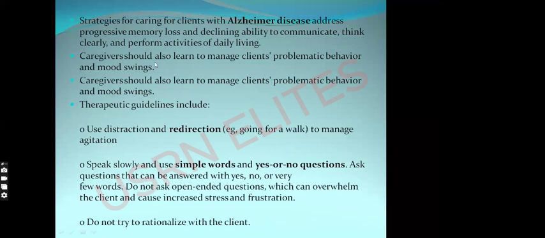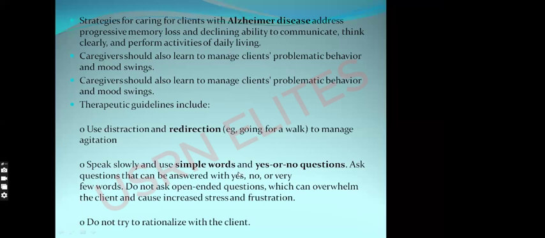So we have strategies also for caring for clients with Alzheimer's disease. Strategies for caring for clients with Alzheimer's disease address progressive memory loss and declining ability to communicate, think clearly, and perform activities of daily living.